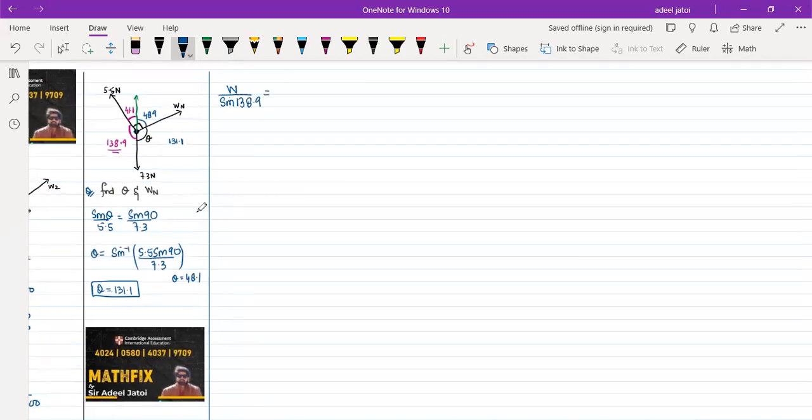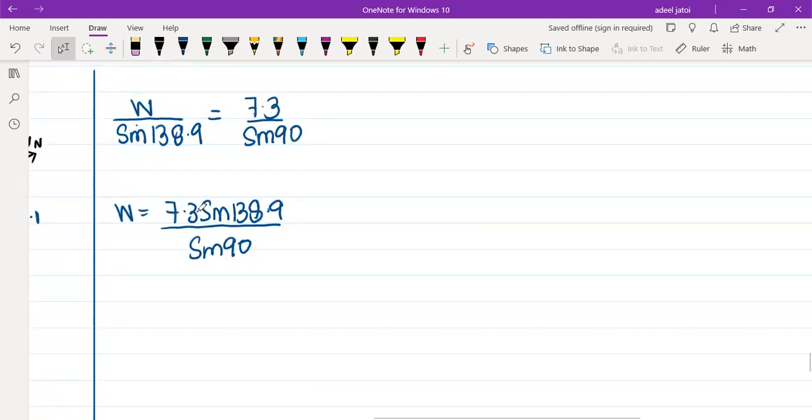We already know that we have 7.3 upon sine 90. So for W, we have 7.3 sine 138.9 upon sine 90.